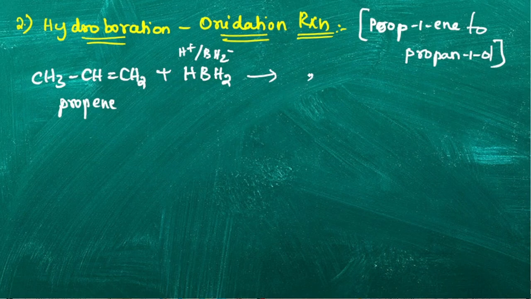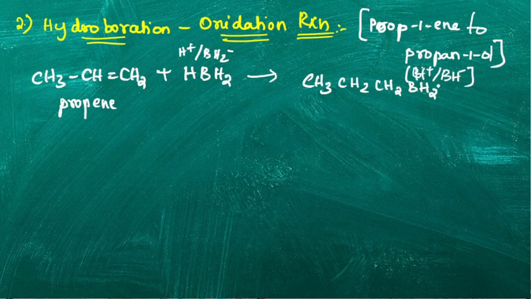So what we will get is CH3, CH2, CH2, BH2. Now this BH2 is going to split into H plus and BH minus.